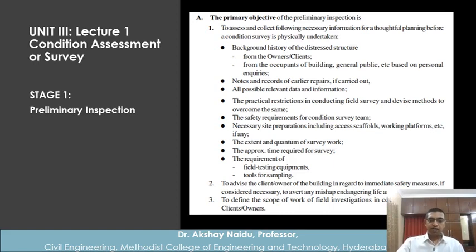For example, before we plan a detailed site visit for visual inspection, we have to know the availability of the structure. There may be a residential building always occupied. It can be a commercial building which is occupied during the work days.